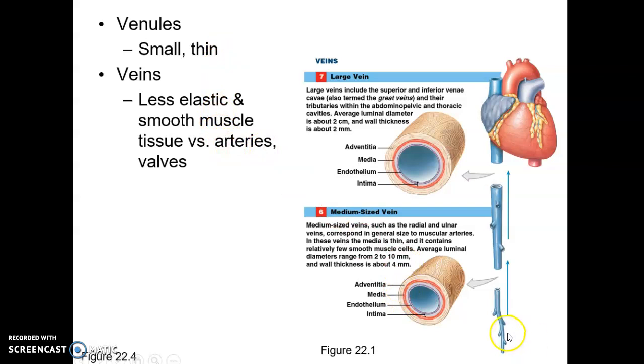The blood pressure, though, is so low that the veins need an additional mechanism to allow the blood to get all the way back to the heart. If there was no additional mechanism, for example, valves, and another mechanism that we'll talk about, the blood pressure alone would be insufficient to ensure adequate blood return back to the heart.